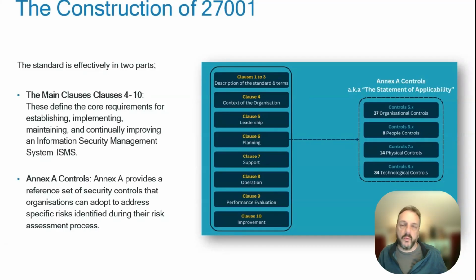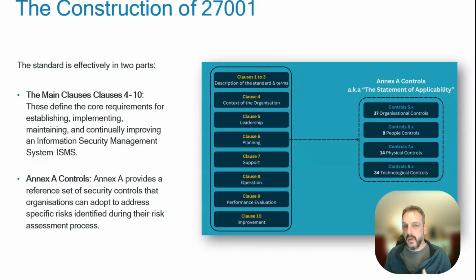I'm not going to go through the clauses in great detail here, but just to know there are 10 clauses that lay out things like leadership and having a policy, risk management and planning, change, all the way through to continual improvement. Whereas the controls are in the back in an annex called Annex A, and there are 93 controls in 4 groups. And these controls ask you how you are going to approach certain things.